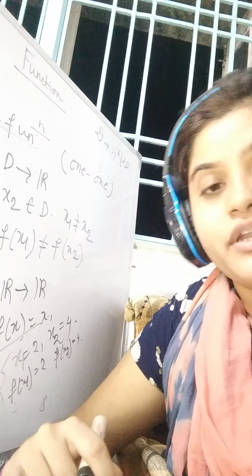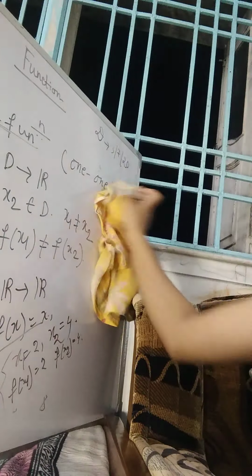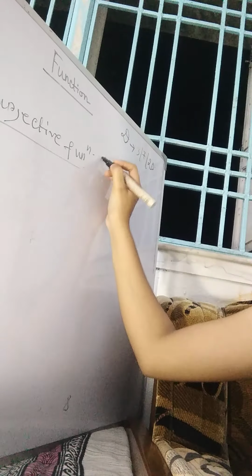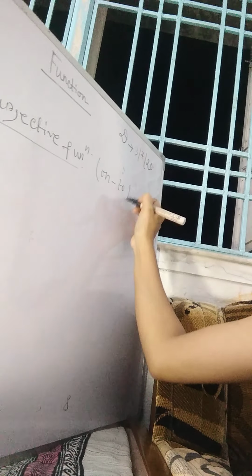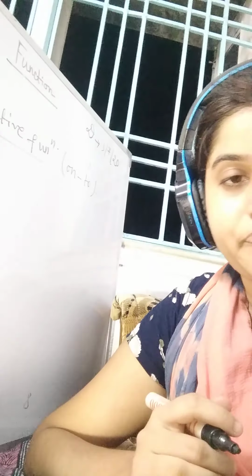are changing to the property of surjectivity. That is surjective. A surjective function is also known as an onto function. Clear? How is it defined?